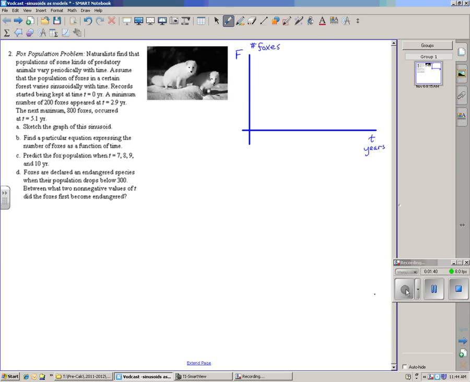So I'm just going to eyeball this, and I'm going to put 2.9 years here. And the minimum is 200, so I'm going to call this 200. And then the other time that we're given is 5.1. I'm going to put that over here someplace.